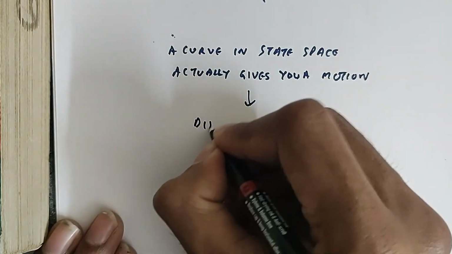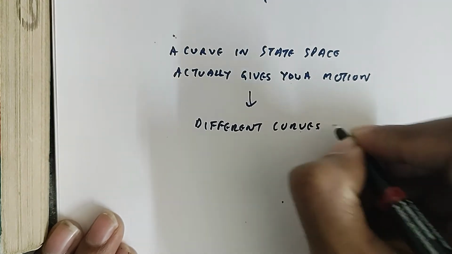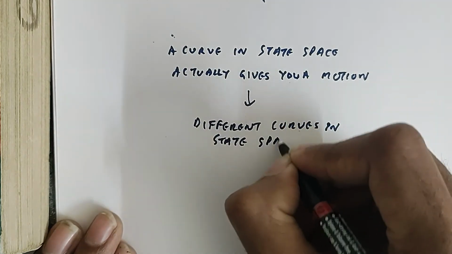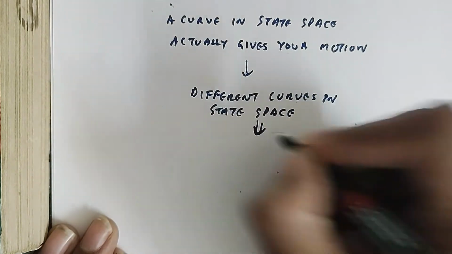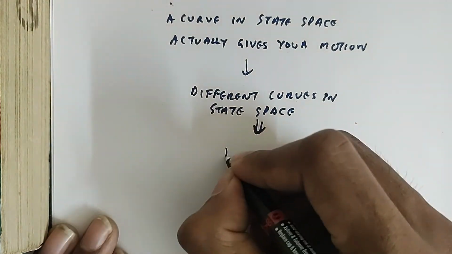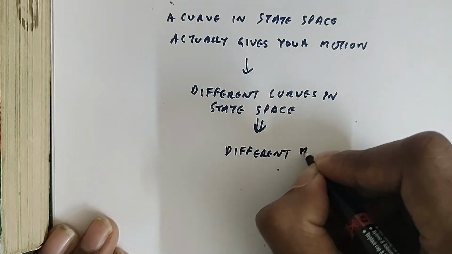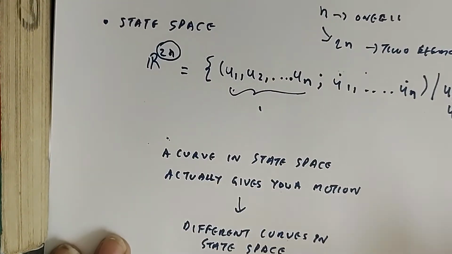So different curves in state space would correspond, this is just a symbol, to different motions. Right? That's amazing. So that's about the state space.